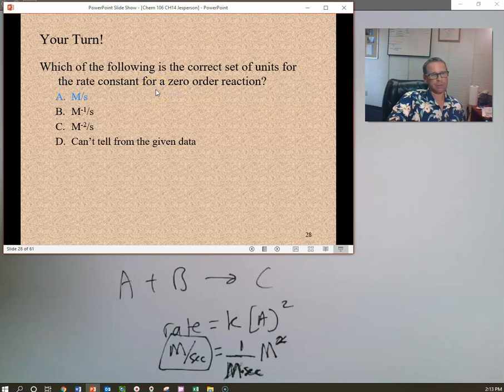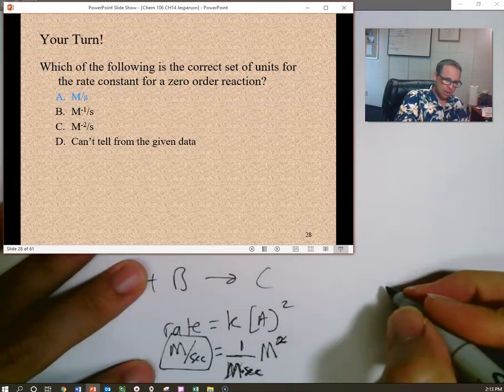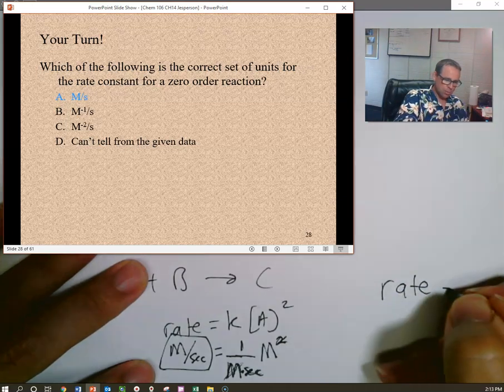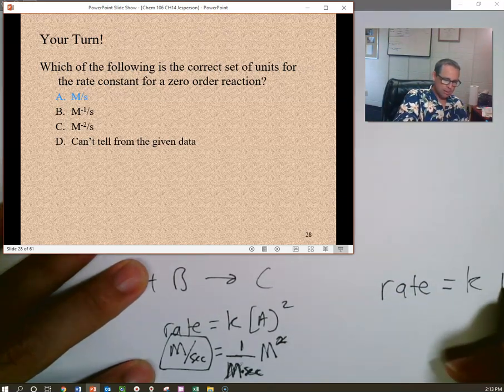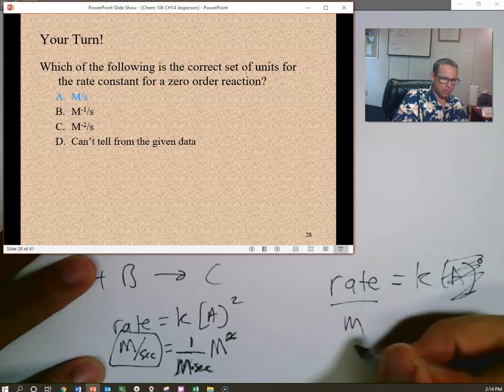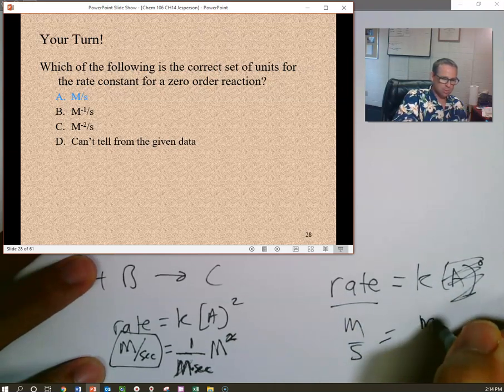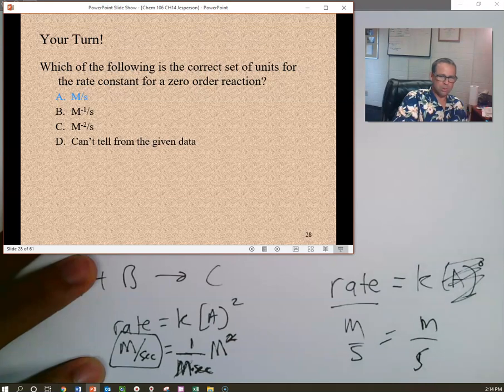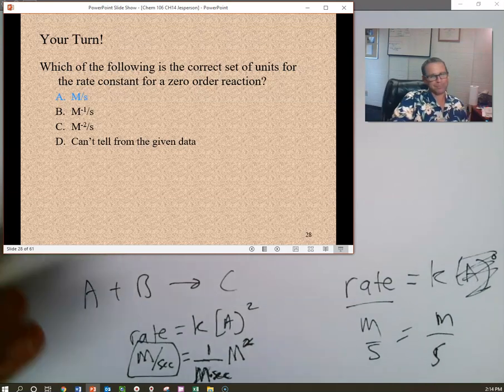It is A. Very good. In a rate law where it's zero order, rate equals K times whatever reactants you have, but they're all to the 0. So these parts drop out, and rate in molar per second will always equal the K value, so the units on K have to be molar per second.